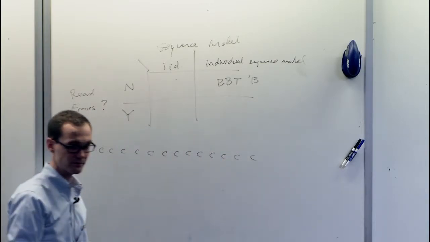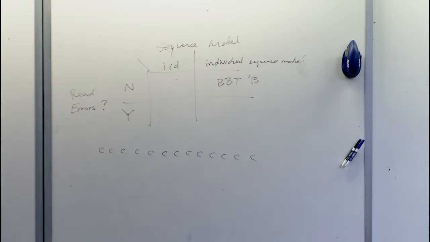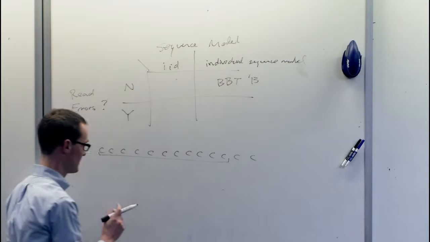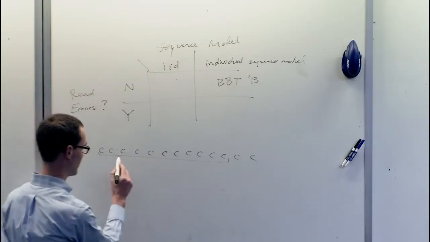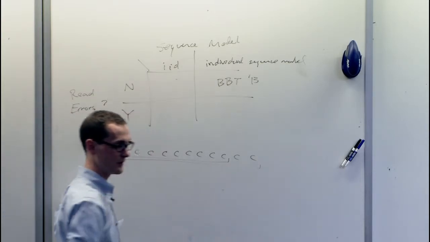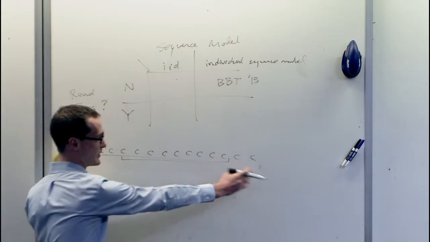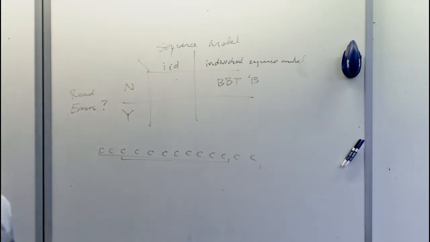So does it mean the vertical dotted line will be more to the right? It'll be more to the right. As I said, this depends on the repeat structure of the sequence. So here I can imagine that basically this set of C's is repeated here and it's also repeated here, right? So it's going to be very long. So it's going to demand that we have a very long read length, which will effectively bridge this whole string of C's in order to guarantee that we'll be able to reproduce the sequence.